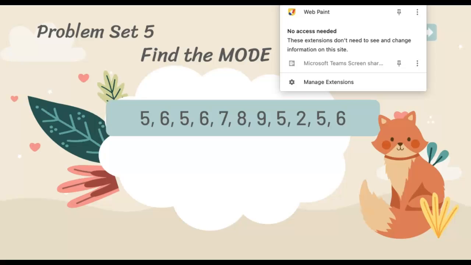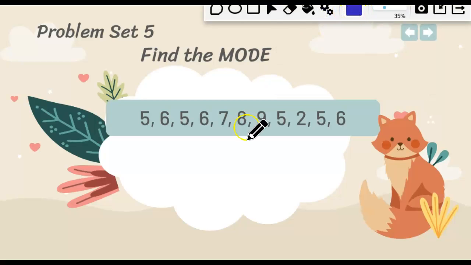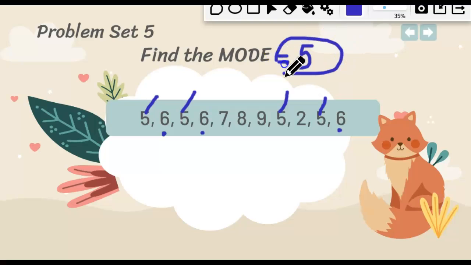So in this case, our mode is going to be 5, because it appears a lot more times. 1, 2, 3, 4, and 6 only appears 3 times, right? So the mode is going to be 5. Easy, right? This is an easy part of the lesson.